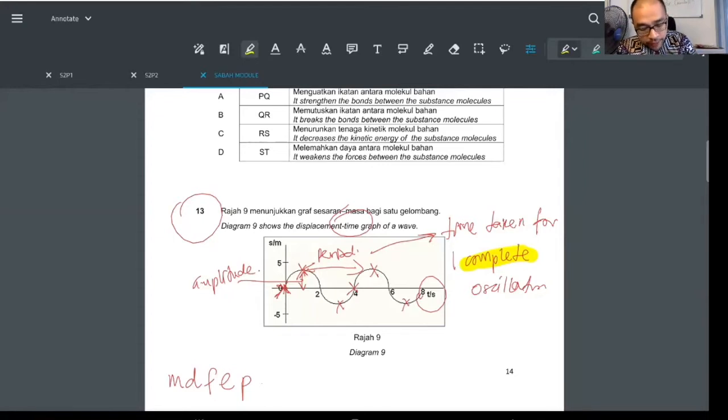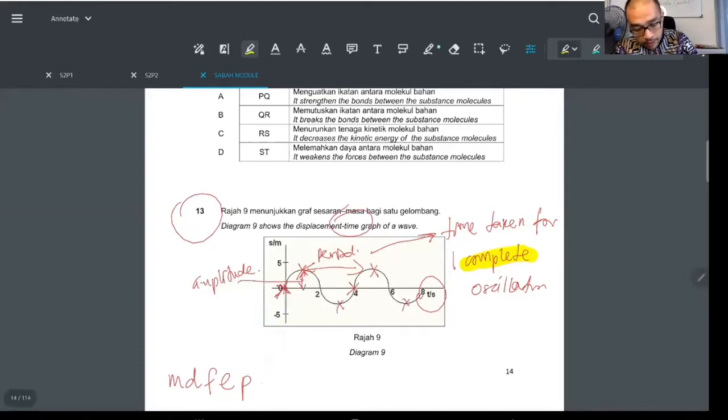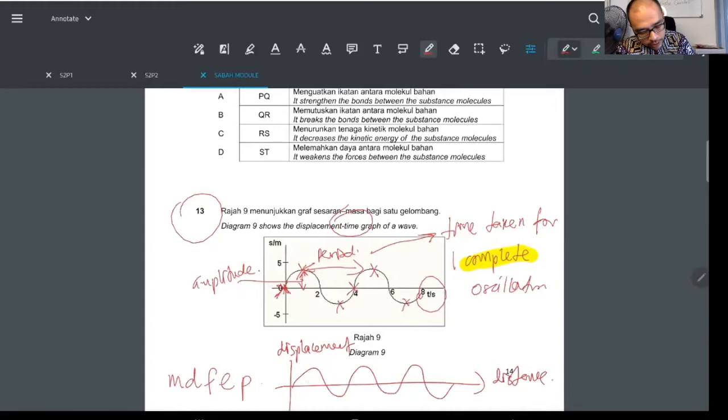Another type of graph that you should also know is the displacement distance graph. It tells you the same thing, the amplitude. But the distance between two crests or two troughs is known as the wavelength.